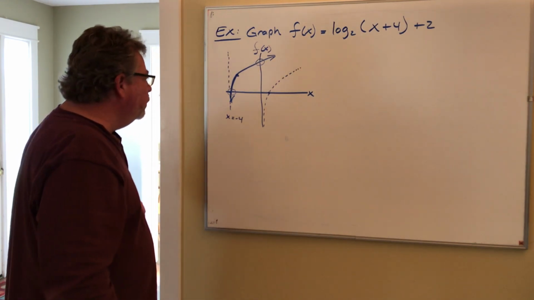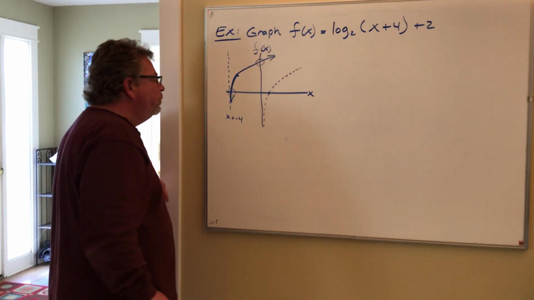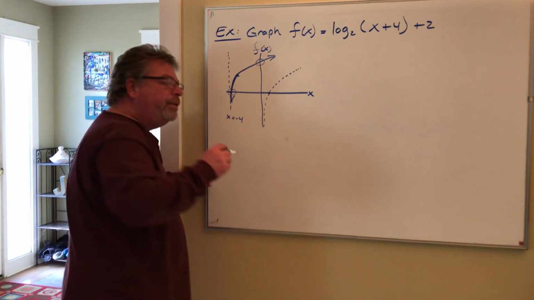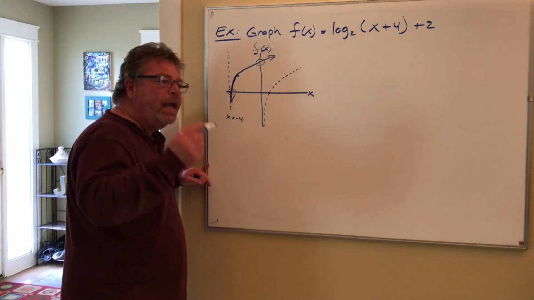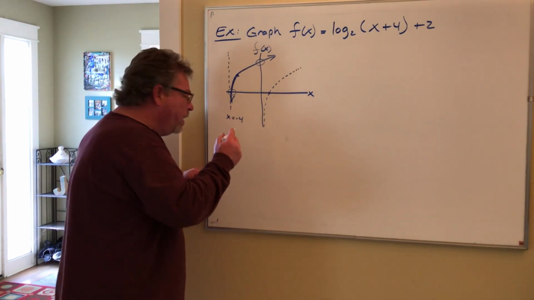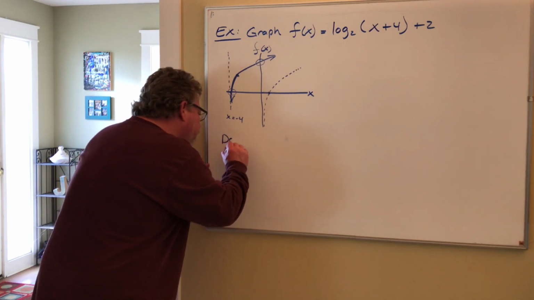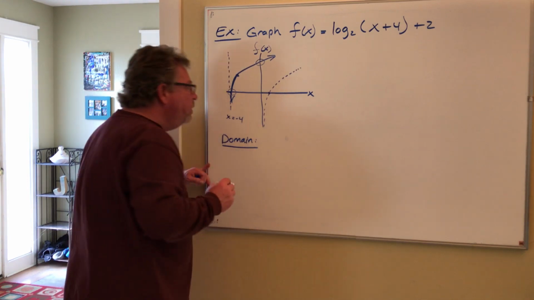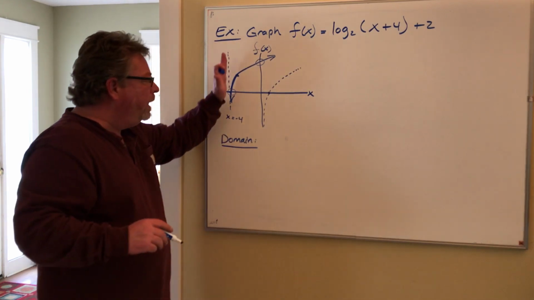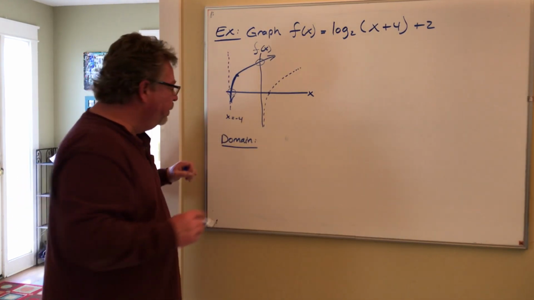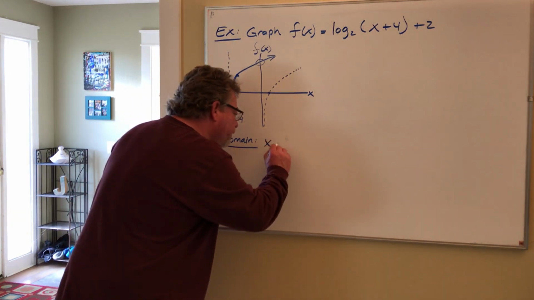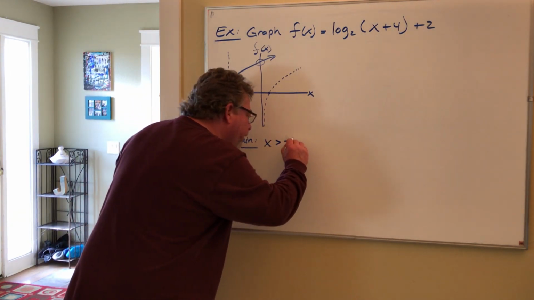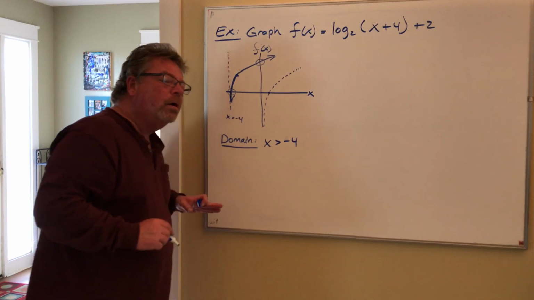But the first thing I want to do here is to just make some basic statements about domain and range. Is this thing one-to-one? So here's the domain. The domain is fairly straightforward. It's defined by this vertical asymptote here. And so we're talking about values of x that are strictly greater than negative 4.